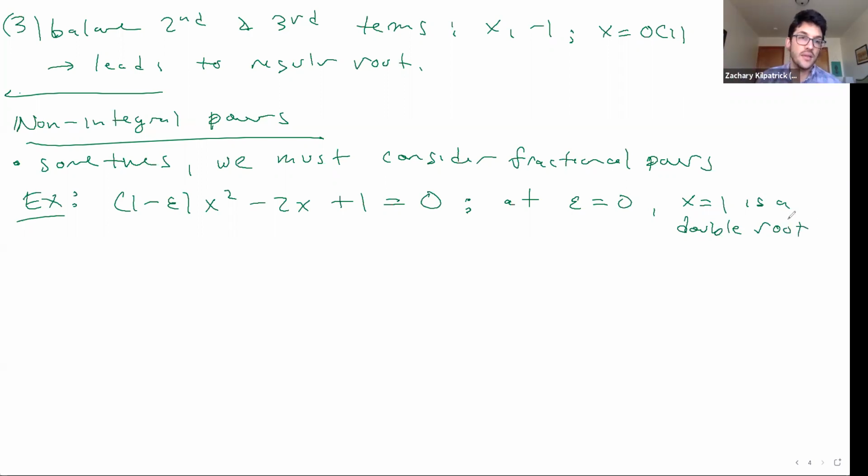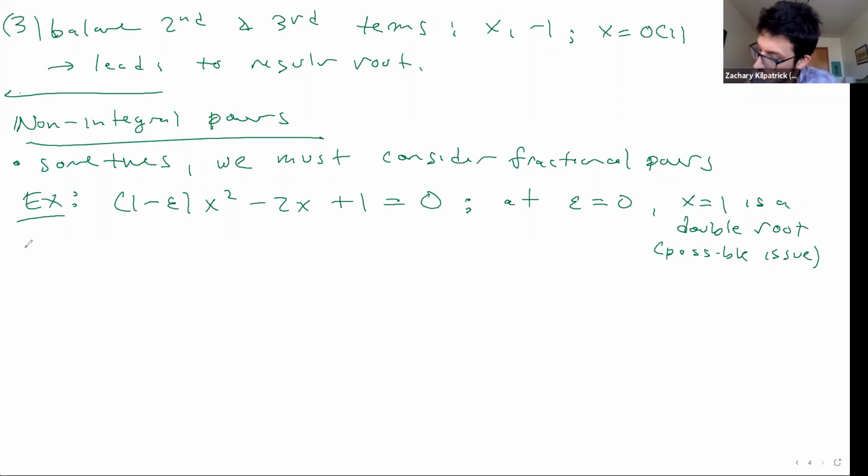And this implies that this is not necessarily a singular problem, but you may run into some possible issue because you need to basically take this double root and turn it into two different roots for epsilon greater than 0.